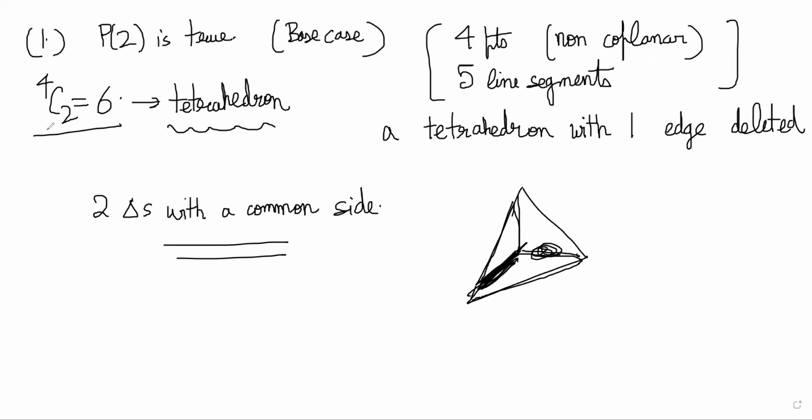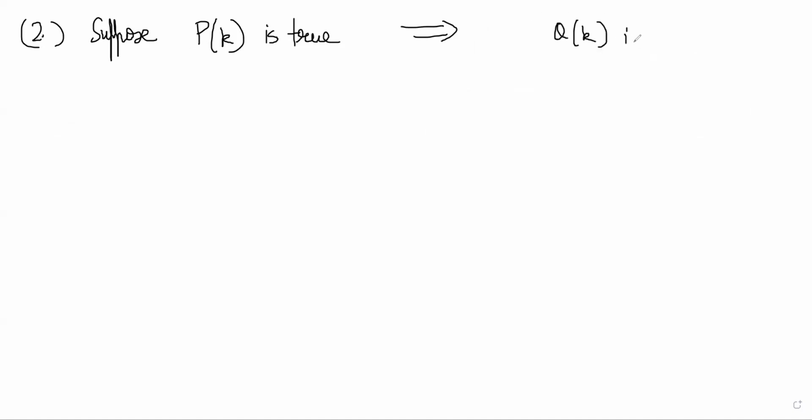Now what we will try to do is to show that suppose P of k is true, we want to show that Q of k is also true. So we are supposing that P of k is true, and we want to prove that Q of k is true.